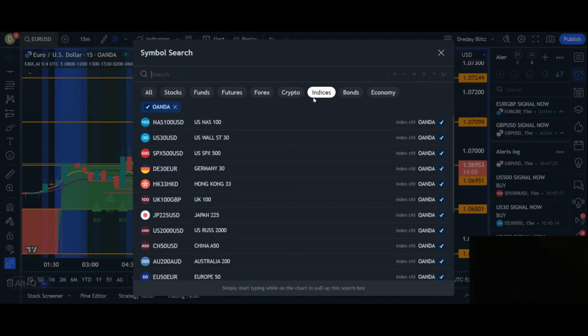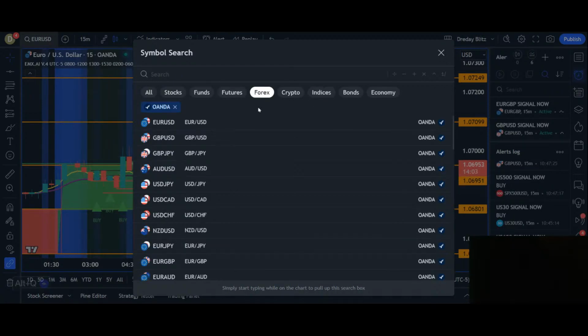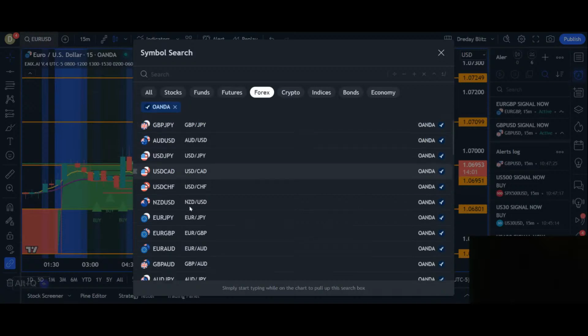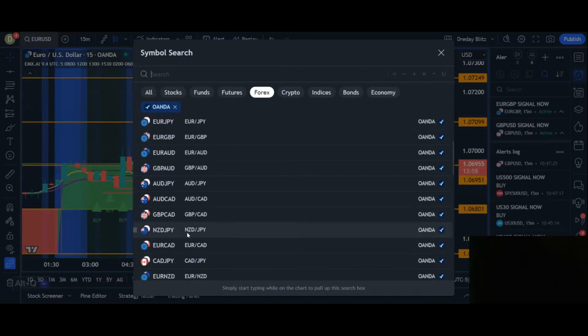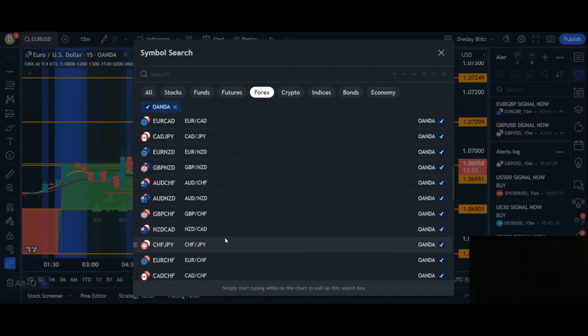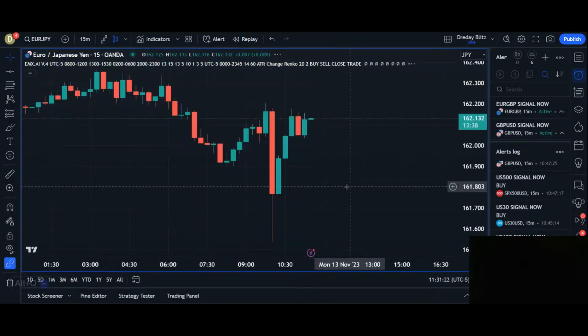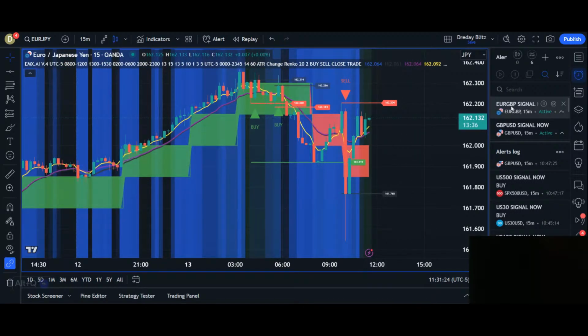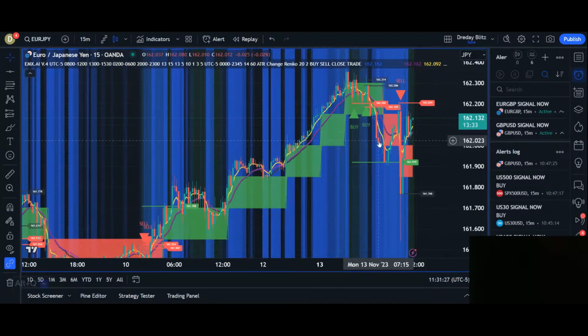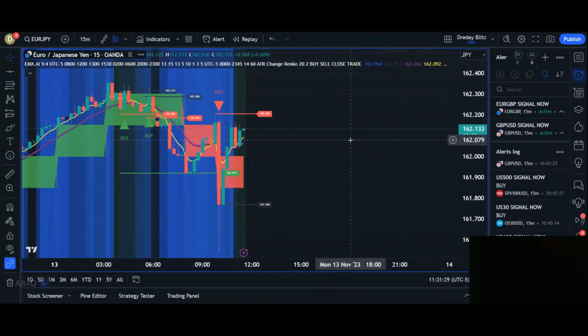So you go on Forex and look at the Euro JPY. All right, so let's look at Euro JPY.